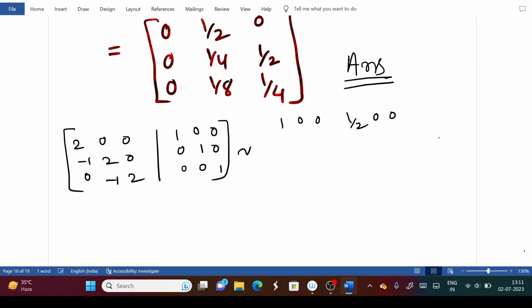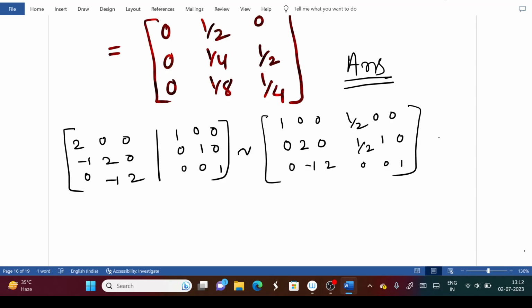Now this is added with the second row. It is 0, 2, 0, 1 by 2, 1, 0. Similarly, in the third row a 0 is already there, so nothing to be done: 0, minus 1, 2, 0, 0, 1.